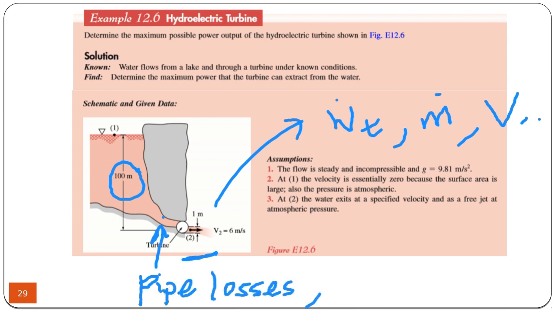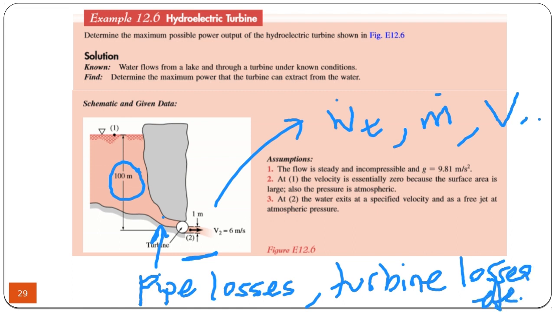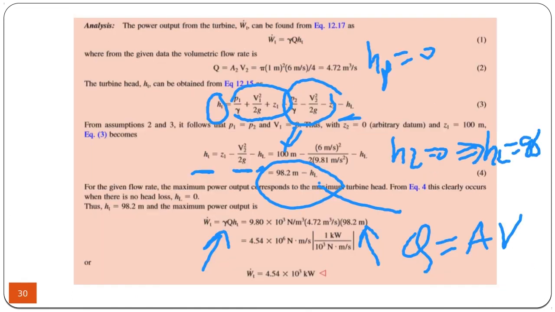And we have assumed that the turbine has 100% efficiency, but most of the time it's not. So it may have something like 80% efficiency, meaning that 20% is lost there. So turbine losses, etc. If you include all this, you're going to get an overall efficiency of maybe 80% or 75%.